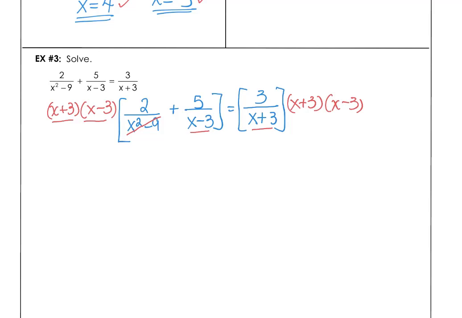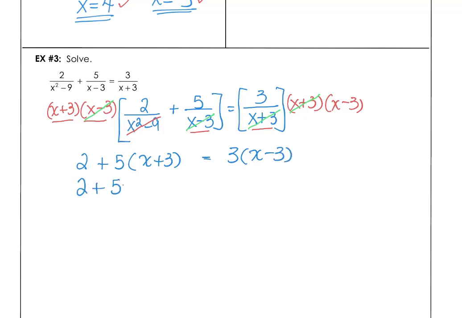Multiplying the entire left side by those two binomials, we have 2 for the first product, and then for the second one we have the x minus 3 canceling this x minus 3, which is going to leave a positive 5 times the x plus 3 term. And on the right-hand side, the x plus 3's are removed, which leaves us with a 3 and then the x minus 3 factor.